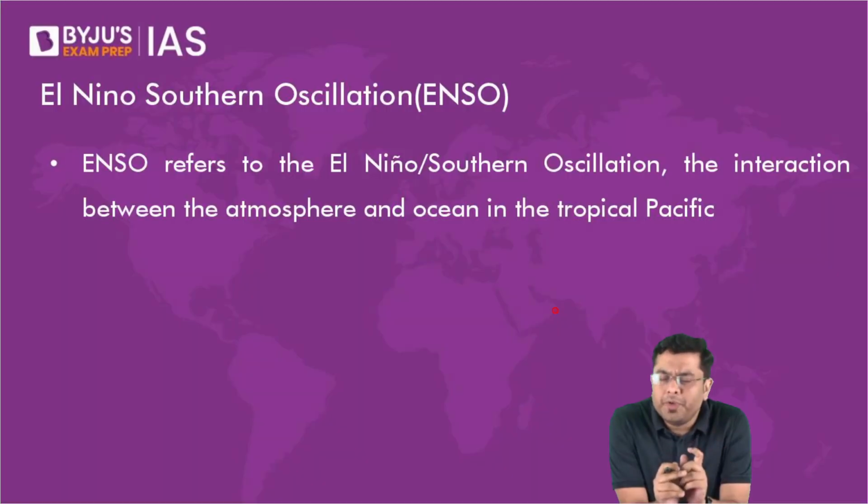Now, the Peruvian coastline would experience summer months during which part of the year? Generally, it is towards the southern hemisphere, so it would experience summer in November, December, January, February, right? That is when it would experience the summer conditions.